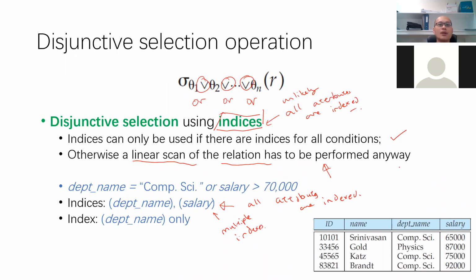And so the cost of these two will be the same, regardless of conjunctive or disjunctive, if all the attributes are indices. However, if any one of these is not an index, then we have to carry out a linear scan.